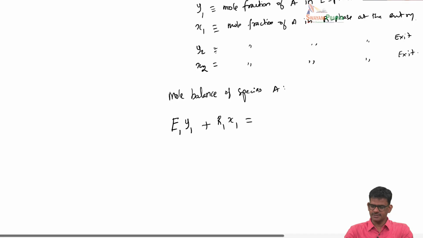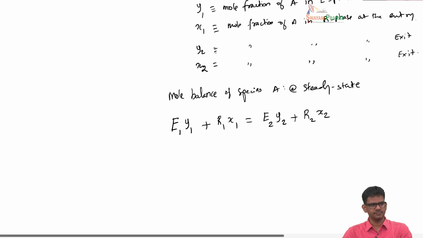At steady state, this should equal the moles of A flowing out, that would be E2 Y2 plus R2 X2.